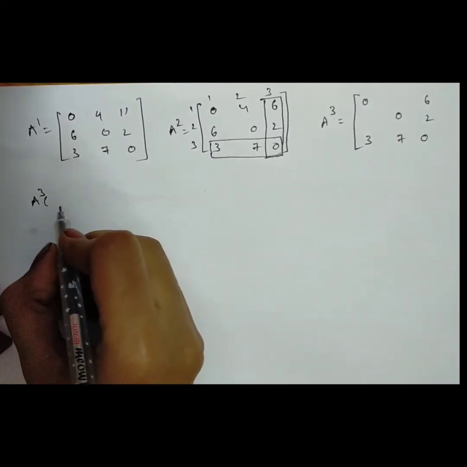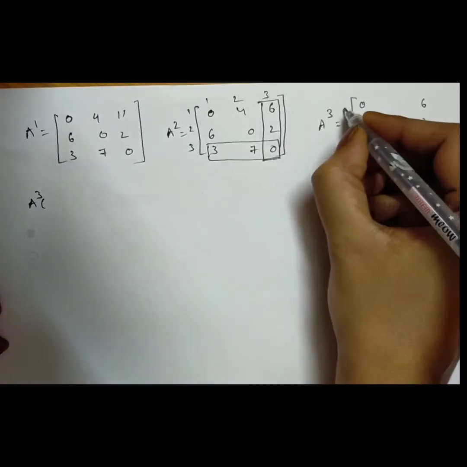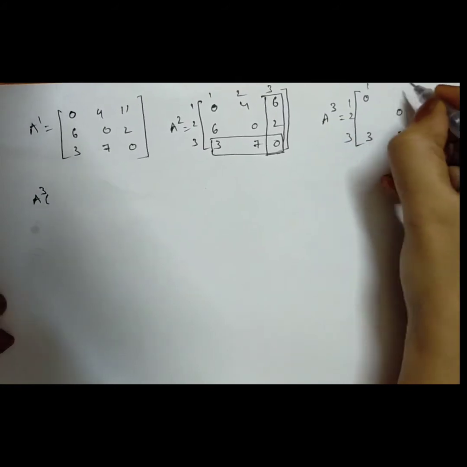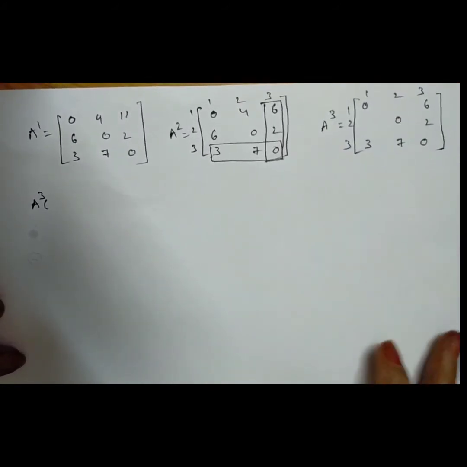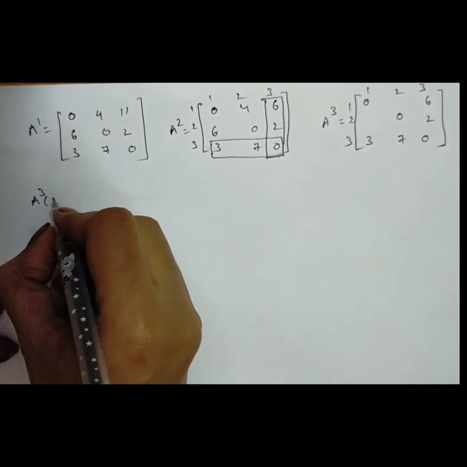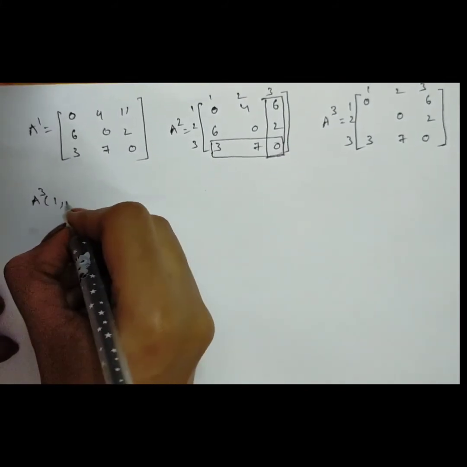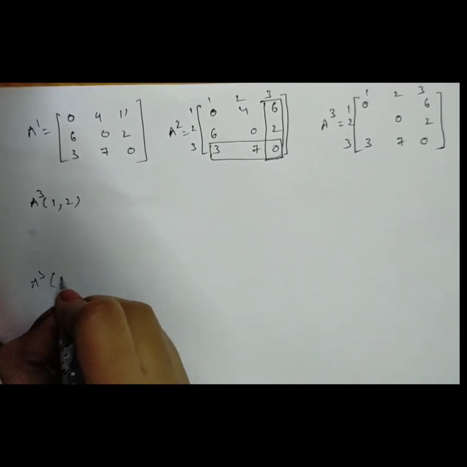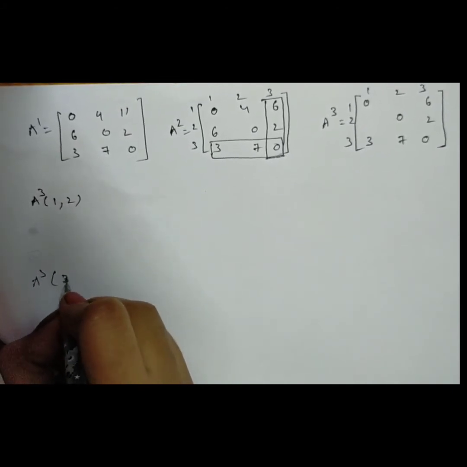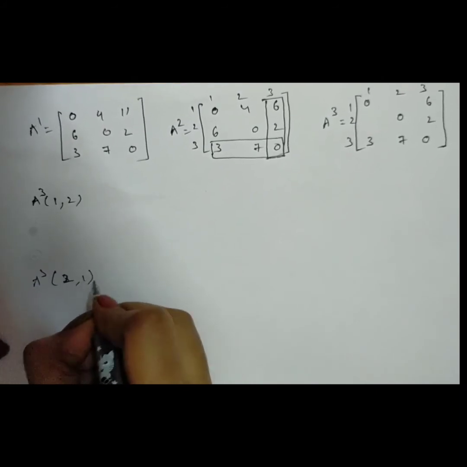So you need to find the value of a3 of (1, 2) and a3 of (2, 1).